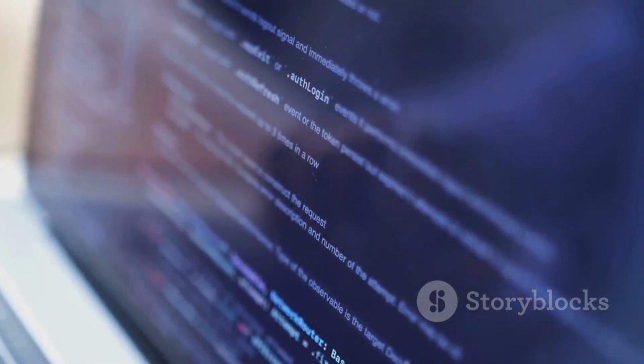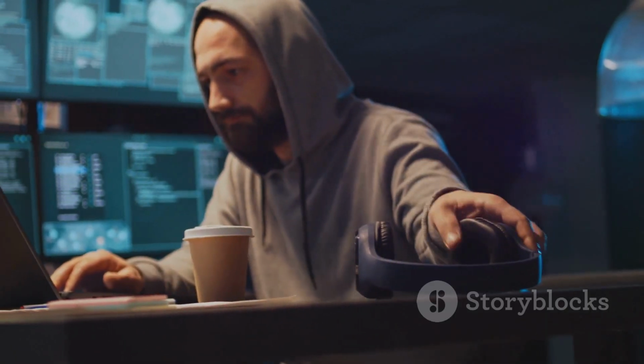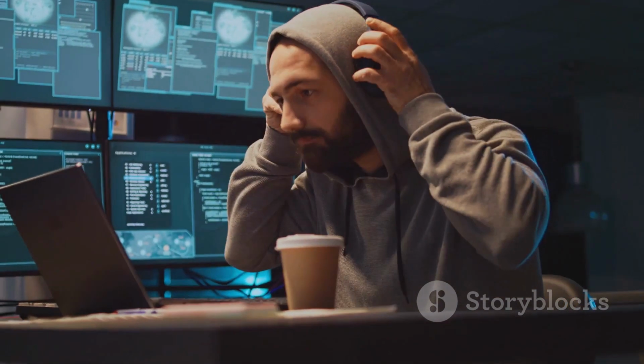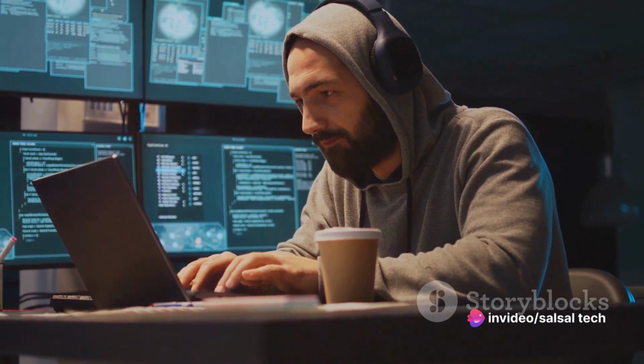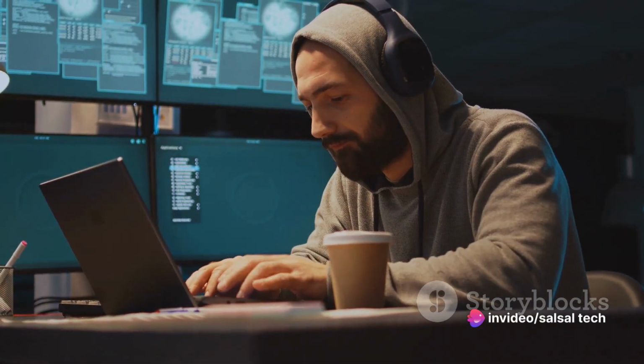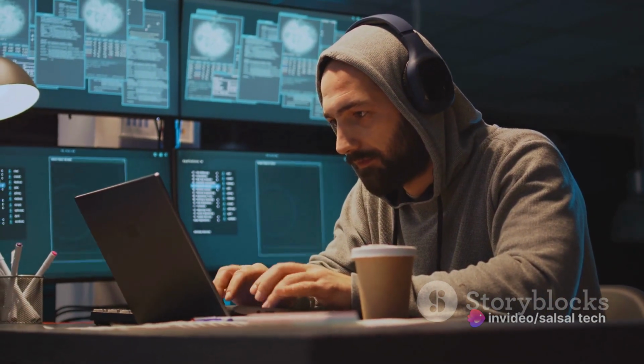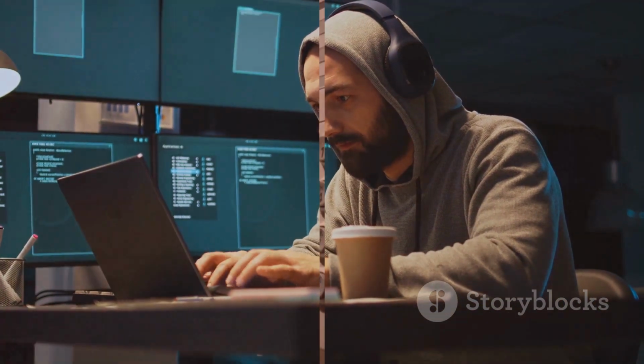It helps identify weaknesses, prioritize them based on their severity, and provide a clear path to remediation. It's all about turning the unknown into the known, the unseen into the seen, and the potential threat into a manageable task. Vulnerability scanning is like a health checkup for your network, identifying potential weak points.